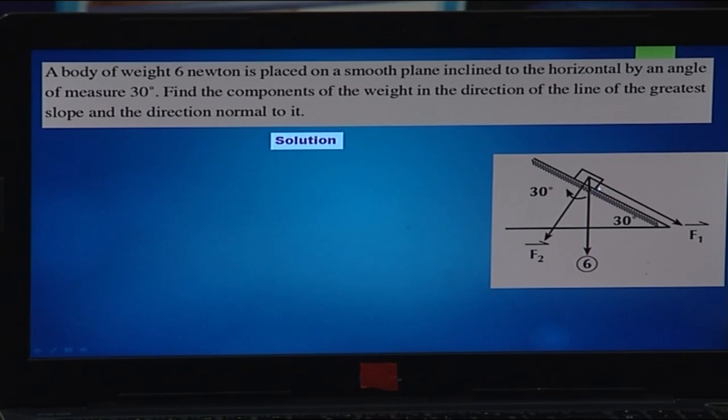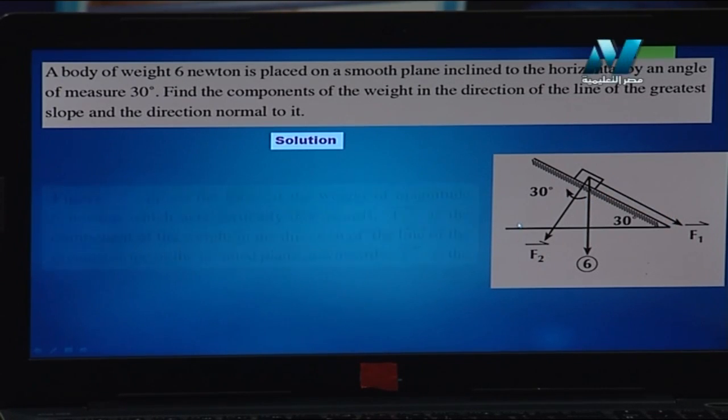And we have F1, which is in the greatest slope direction, and F2, which is perpendicular to it. Look carefully and we will find that this angle equals this angle. Always this angle equals this angle. Okay, so F2 will be 6 cosine 30 because they have the angle, and the other part equals 6 sine 30.